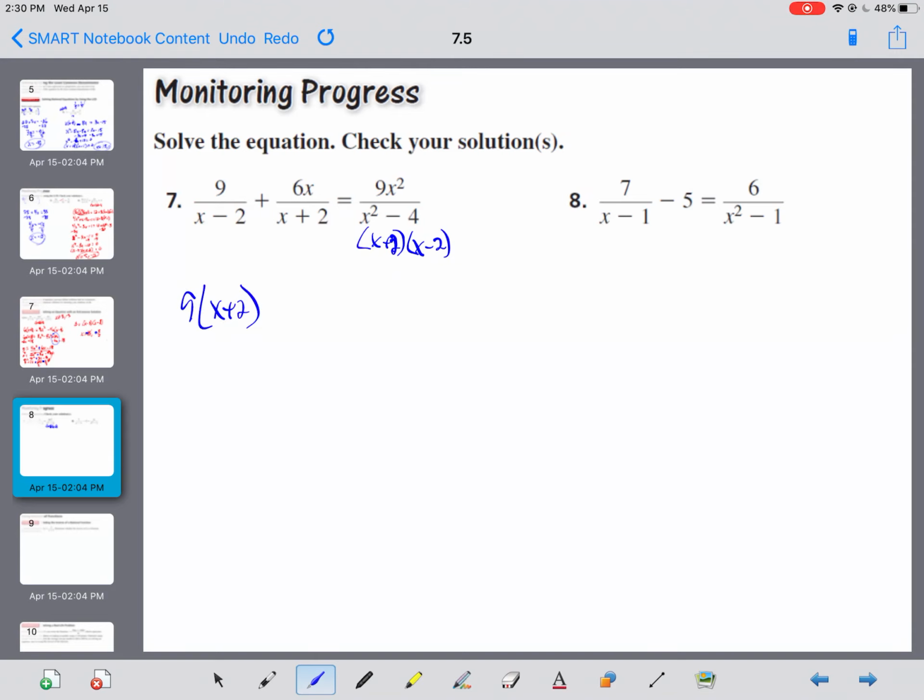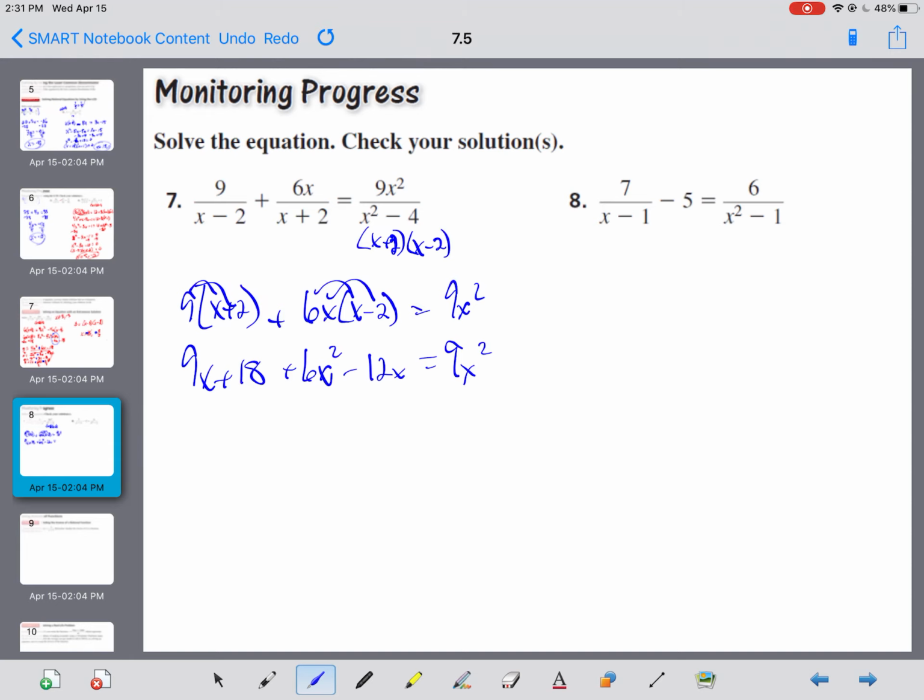All right. x plus 2 times x minus 2. So they all need a one of those. So it's going to be 9 times x plus 2 plus 6x times x minus 2 equals 9x squared. 9x plus 18, 6x squared minus 12x, 9x squared.